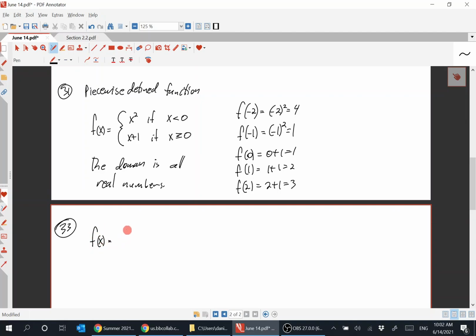Another piecewise defined function, this time with 3 pieces.